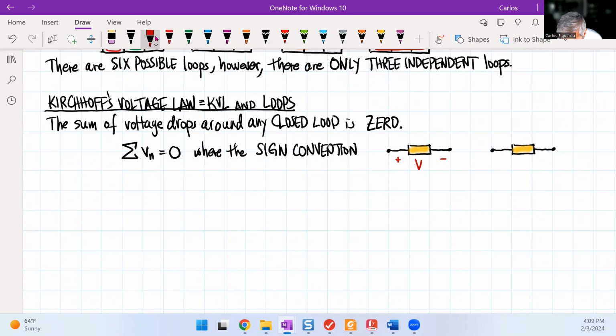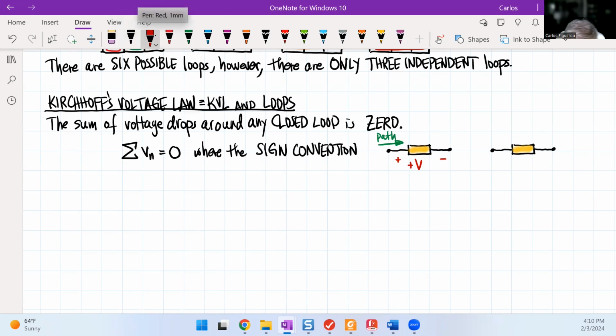That's only assuming your direction of path. So in this situation, if our path, which we think is typically the current, is coming this way, then we say that this voltage here is positive.